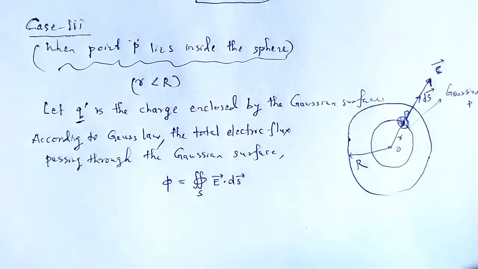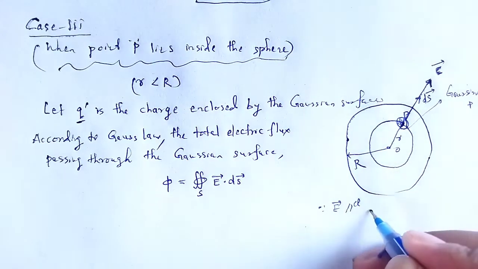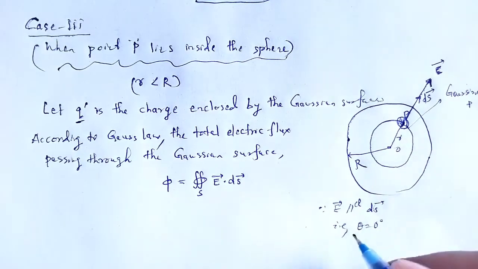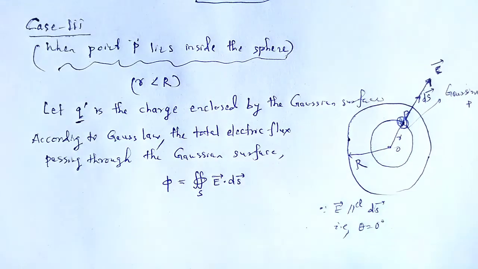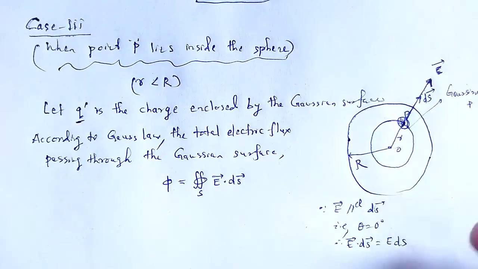E and ds are parallel. Here the E vector is parallel with the ds vector, that is theta is equal to 0 degree, the angle between E and ds. Therefore, E dot ds is equal to E ds cos 0, and cos 0 is equal to 1.